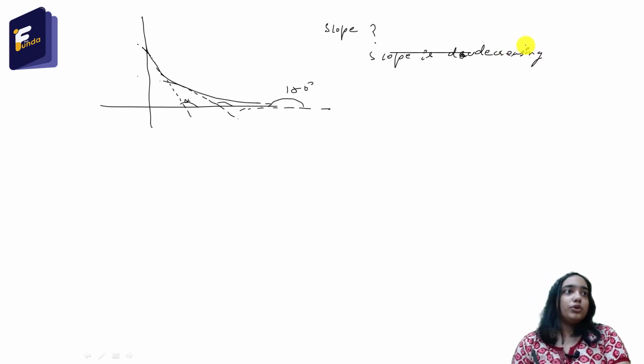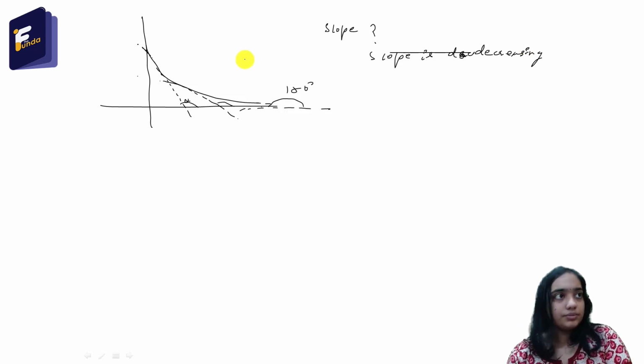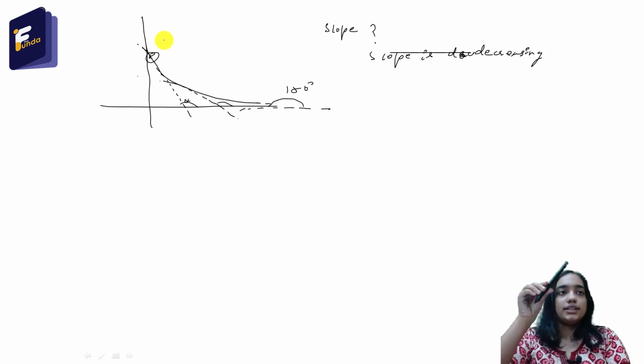So again, I am going to use my pen for easier calculation. If I put my pen at this point, you can see that it is near the vertical.